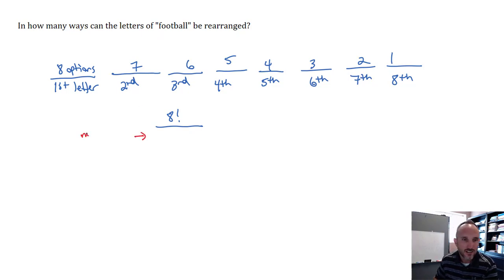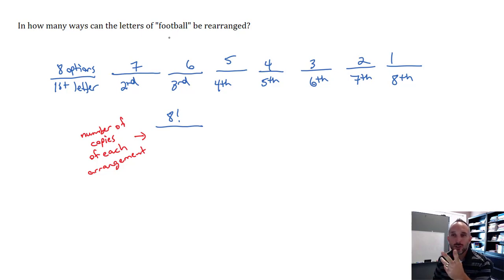Now what we have to do is divide by the number of copies of each arrangement. We know there's going to be copies because we have 2 O's, we have 2 L's. Those could move, switch places and still have the same arrangement, so we're going to result in copies. So now because there's 2 O's, the O's can be rearranged in 2 factorial ways.